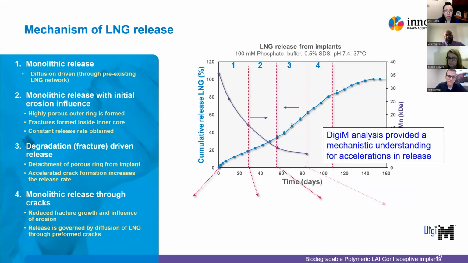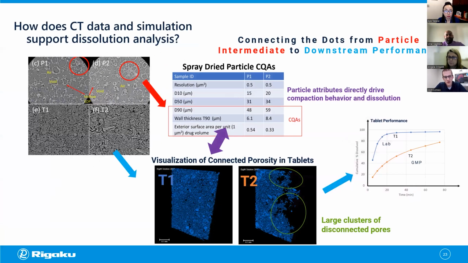Yeah, jump back here. So there may be other pathways to get to this point, but I think it would have taken a significantly longer amount of time to reach this conclusion. And this is coming back to the question on orthogonal techniques.